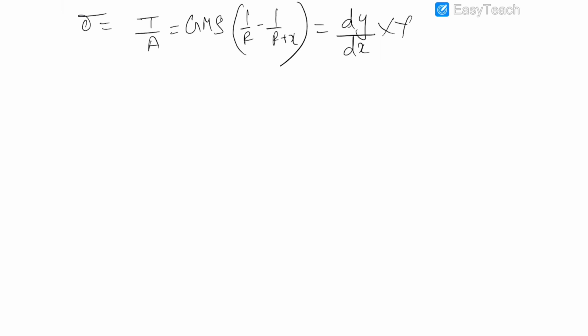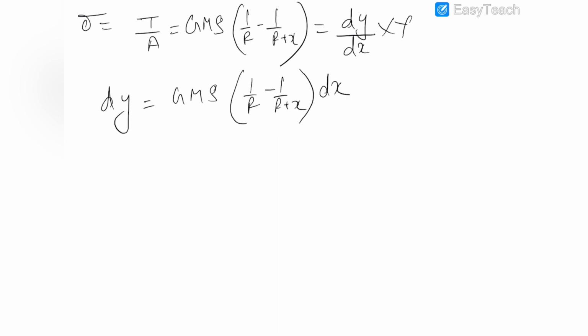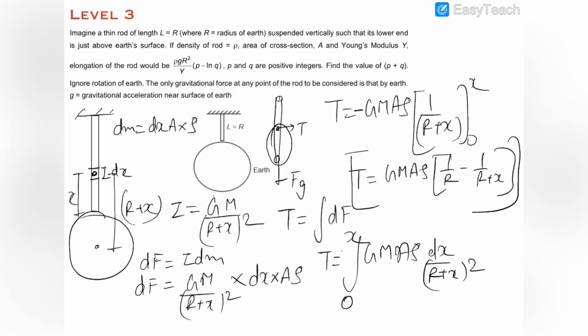So this dy will be equal to GM rho into (1 by r minus 1 by (r plus x)) into dx divided by gamma, and integrating, the limit of dy will be from 0 to delta L and the limit for x will be from 0 to r, where r is the total length of the rod.